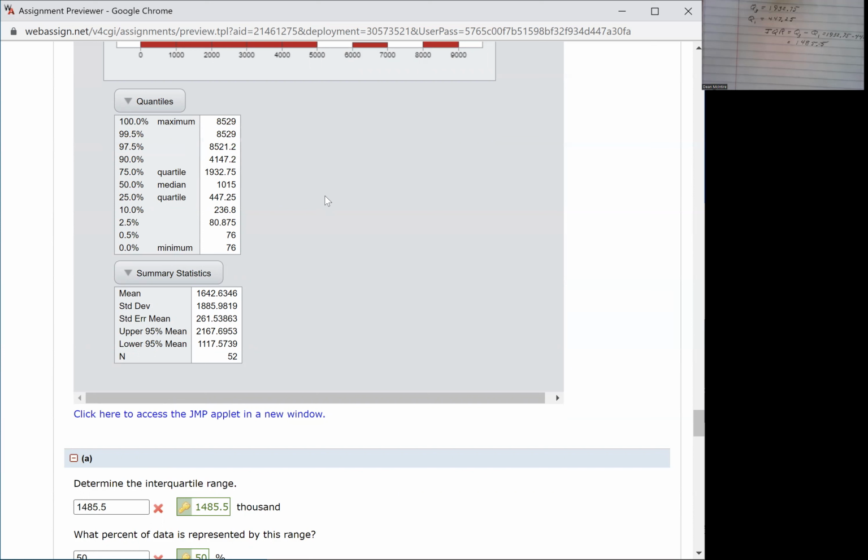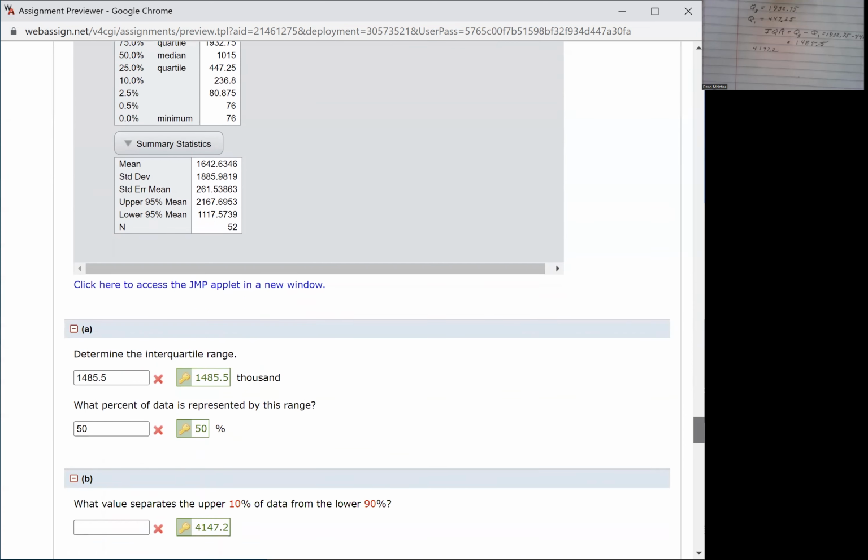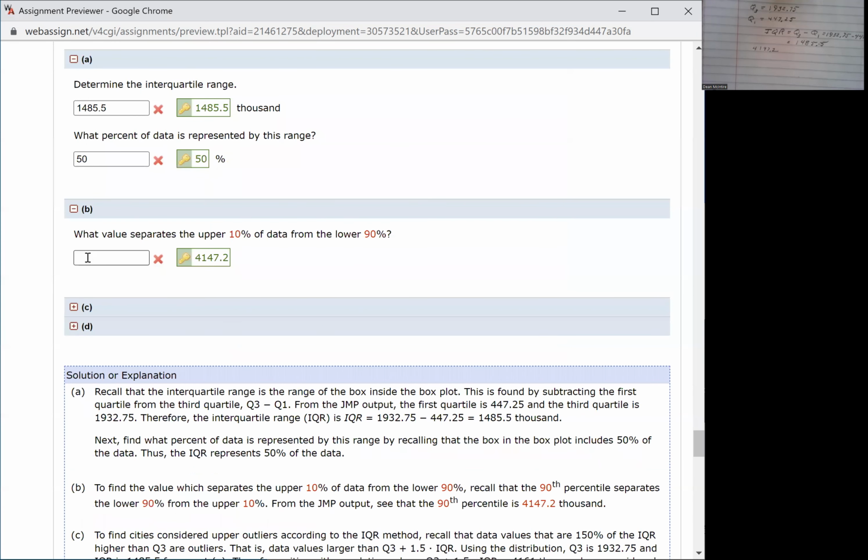And it's 4,147.2. It separates the top 10%, that's here, and the lower 90%, which is here. Okay, so I'll write that down. 4,147.2. Okay.